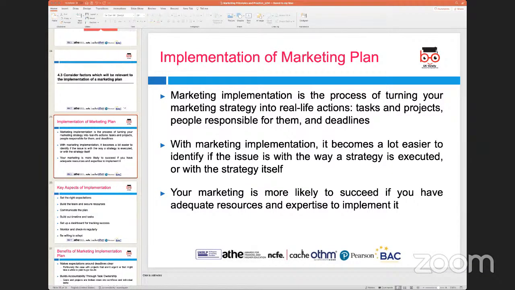So when we talk about the relevance of implementing the marketing campaign, these factors can be taken into account to ensure that they do not pose challenges or hurdles for implementing that marketing plan.